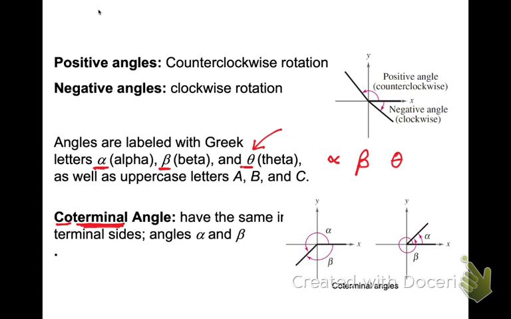So if alpha is 45 degrees, how would we find beta?